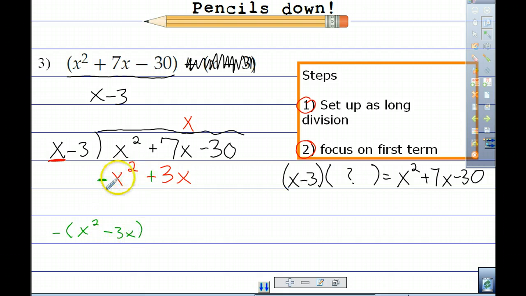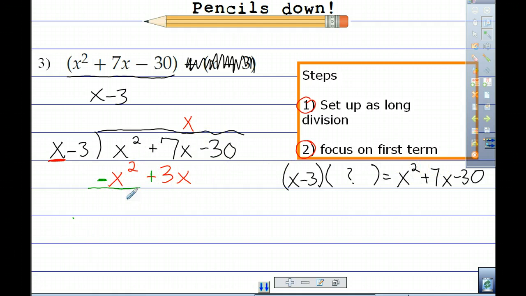We just said we had x squared minus 3x. We need to subtract both of those. So we're going to get minus x squared, and then positive 3x. That's why the signs will always change. It'll always be the opposite, no matter what. A couple of implicit steps that we don't really show in the work. We just have to know.